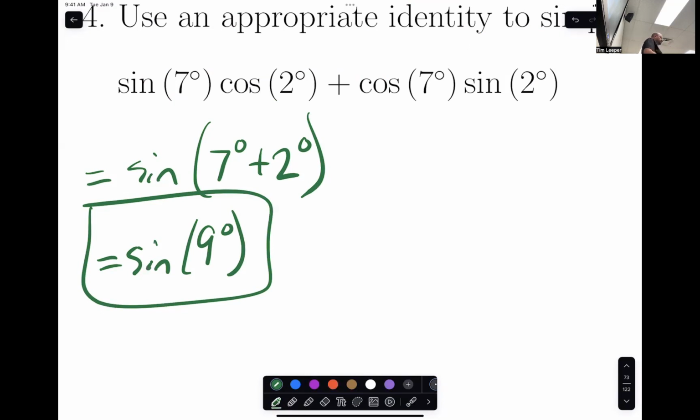By the way, on this test, it is probably not a bad idea to do a big brain dump at the very beginning. Know all of your cosine sums and differences, sine sums and differences, tangent sums and differences. And then, of course, we're going to have the double angle and the half angle identities, the product to sum and the sum to product formulas by the time we're done here. In other words, if you look at this back page or this back cover here, we're going to know everything through the reduction formula.